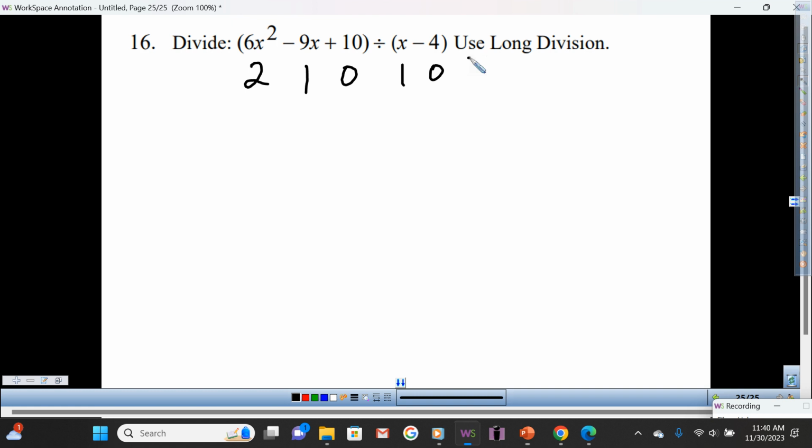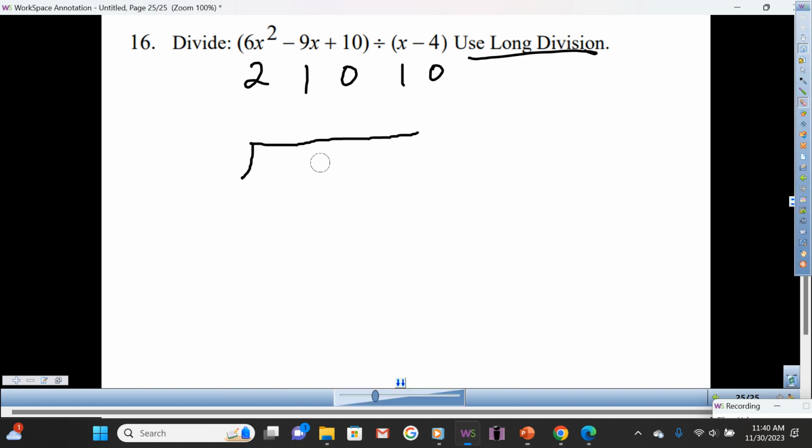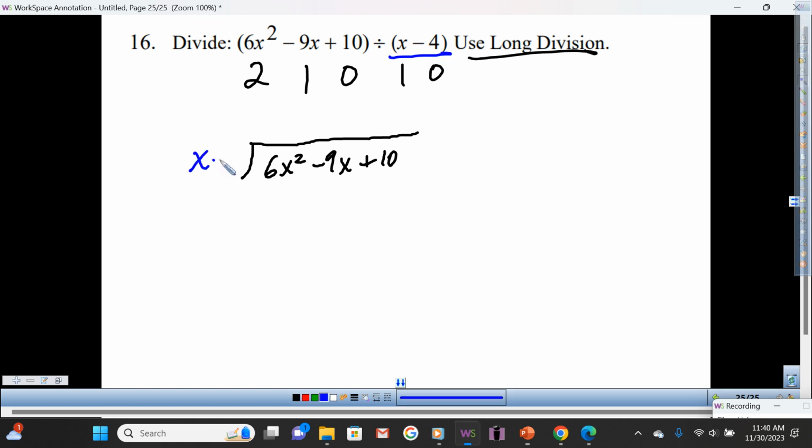So let's do our long division. We do our division sign. And the first polynomial is our dividend, goes inside, 6x squared minus 9x plus 10. And the second one is our divisor, x minus 4. So, here we go. What number times x gives us 6x squared?